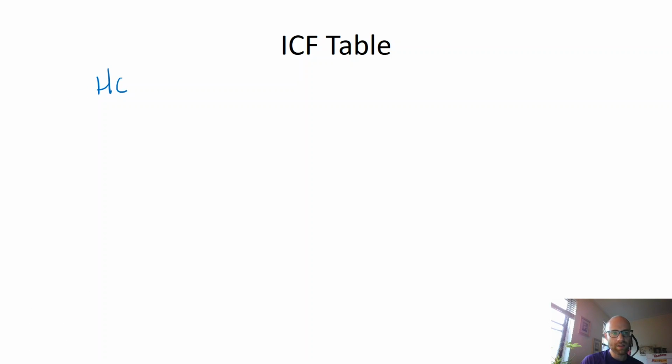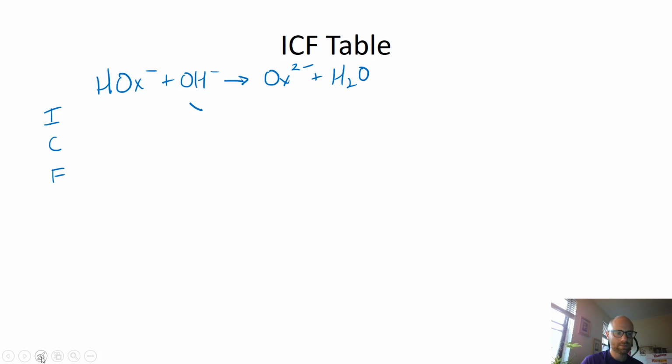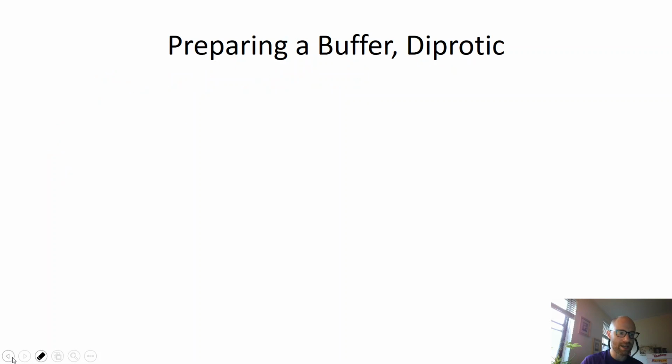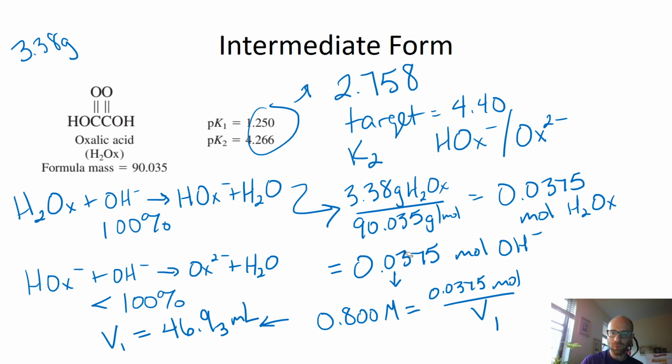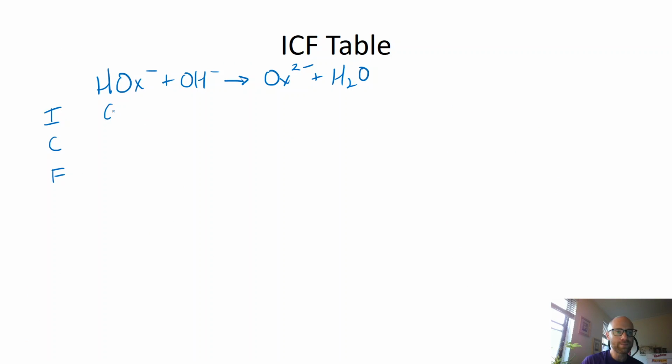So starting with the intermediate and adding hydroxide, I'm going to make that and water, the initial, the change, and the final. So we're going to say our initial value is left over from the previous problem, because once we've added this many moles, we've created that many moles of the intermediate. So that's 0.0375.